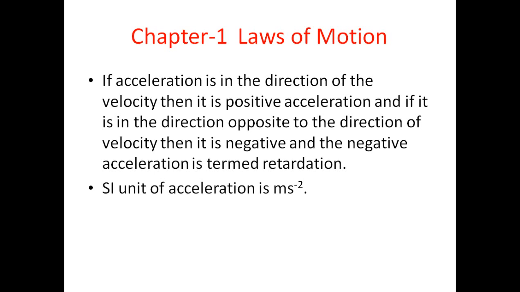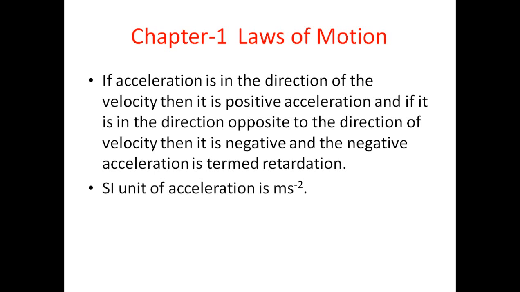That means it is a positive acceleration, the rate of change of velocity is increasing. But suppose the body is now moving with a lesser speed, its speed is decreasing, the velocity of the body is decreasing. It means acceleration goes negative.